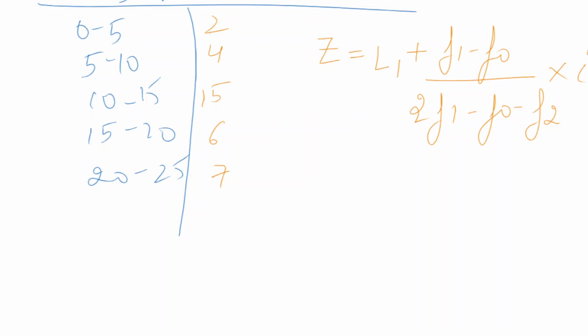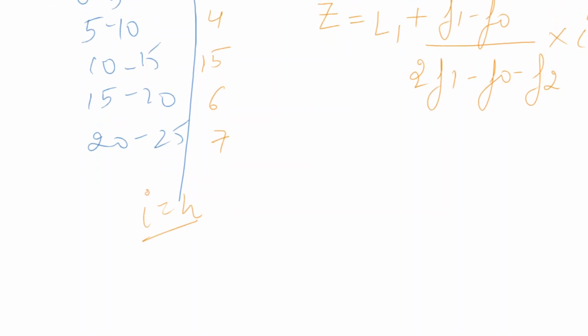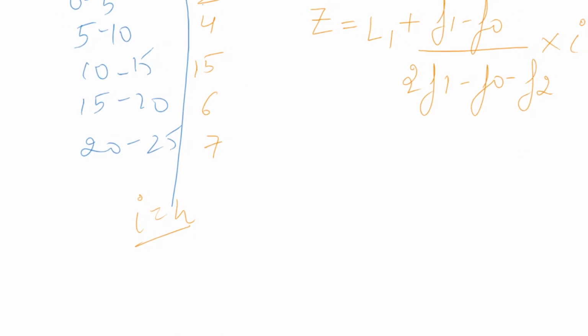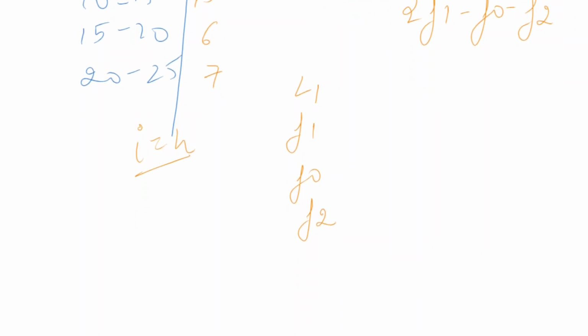Somewhere other than i, you can also find h. h and i are both the same thing. Now our motive is to find all these things. What we have to find is L1, f1, f0, f2. What else? We need to find i.